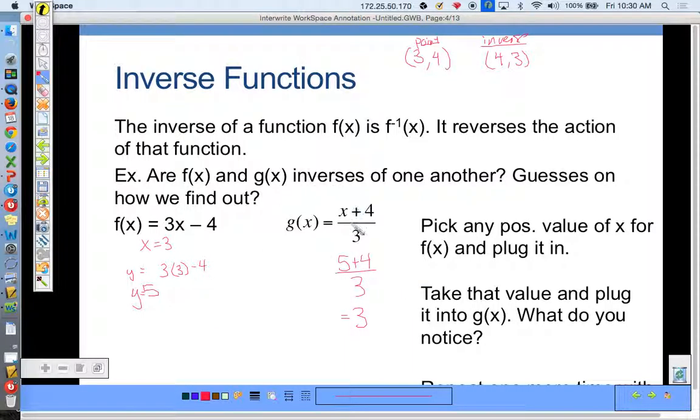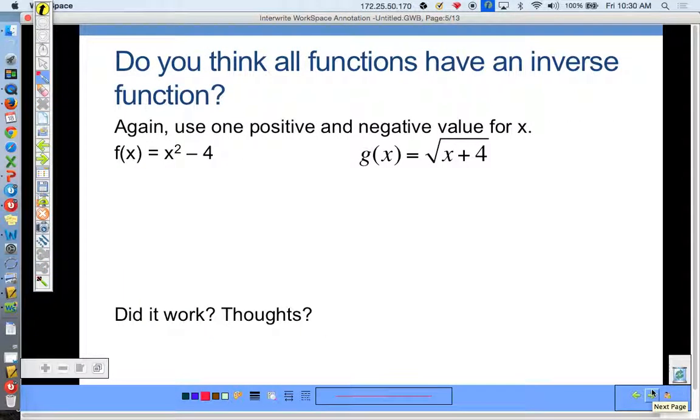If we take our y value and plug it back in, in this one, the coordinate is 3, 5. In this one, it's the coordinate 5, 3. But the key here is that it has to work for every coordinate. So when we take a look at this one, we're going to test these two. Let's try x equals 3.